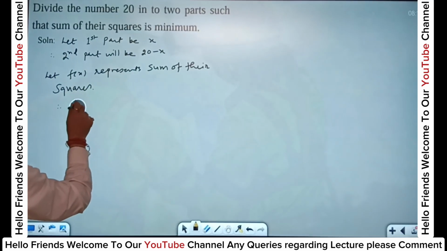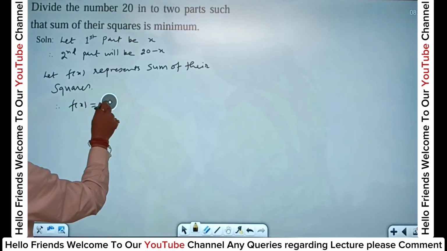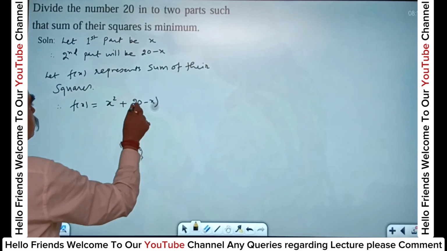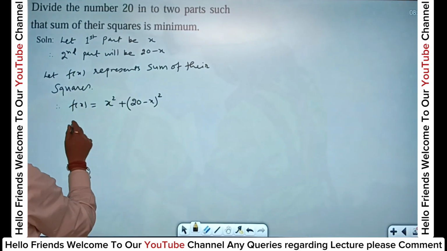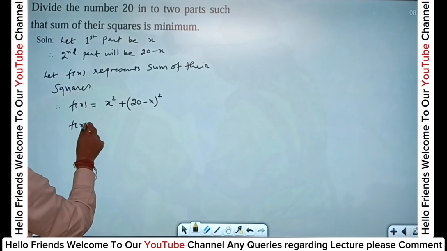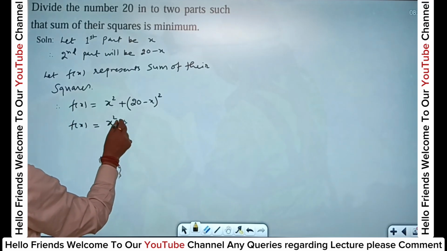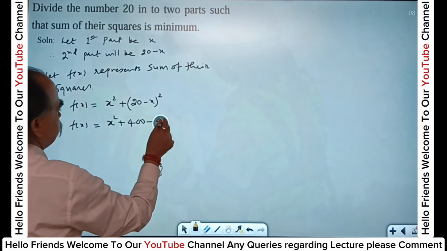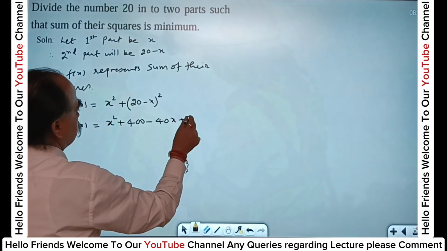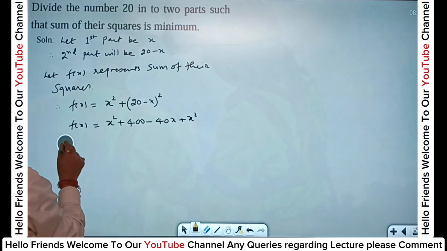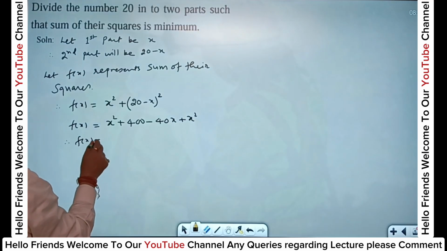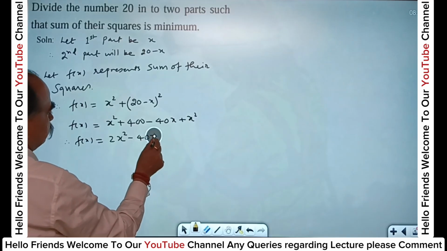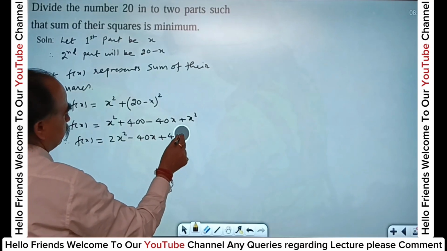Therefore, f(x) is x square plus 20 minus x whole square. So f(x) is x square plus 400 minus 40x plus x square, that is 2x square minus 40x plus 400.